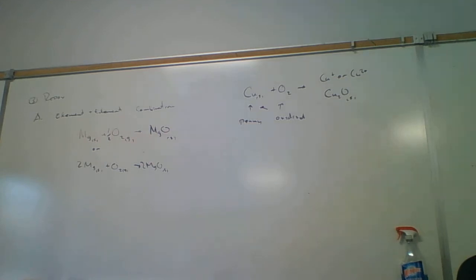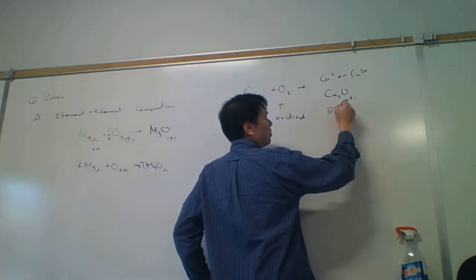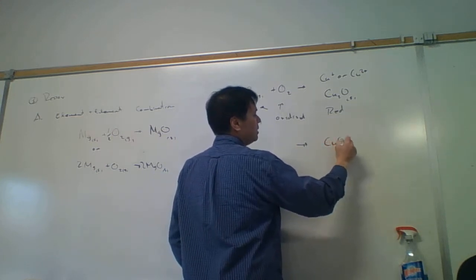Let's look for some more images so we can see the different color variations. That's in powdered form. That's all red, yes. And so first your penny turns a red color, red-orange type color. And then eventually it goes to a CuO solid.